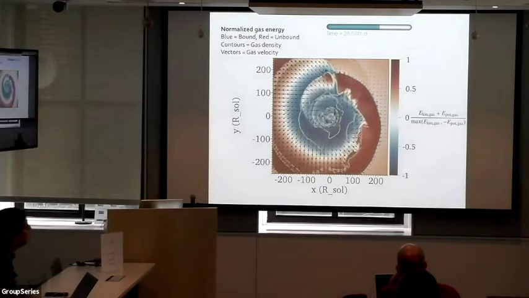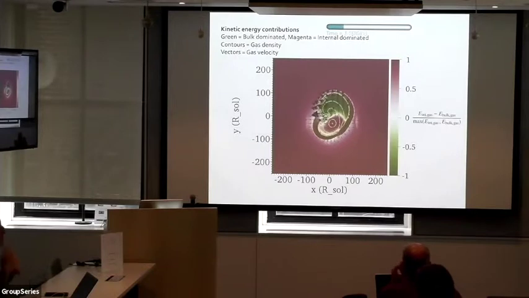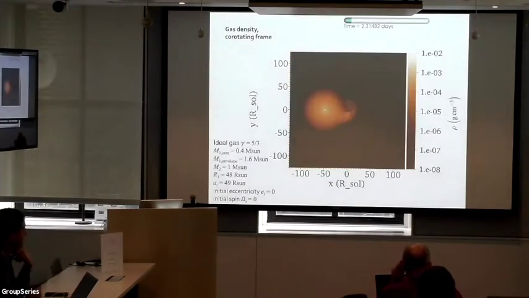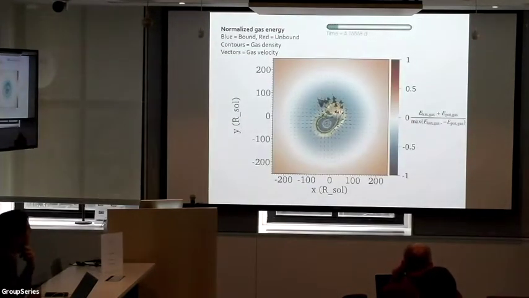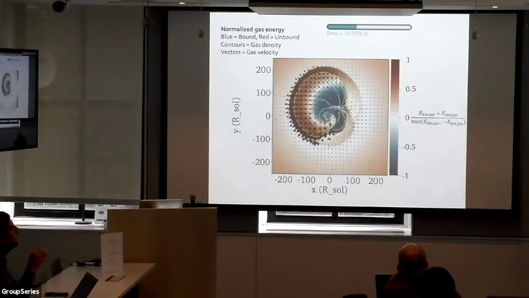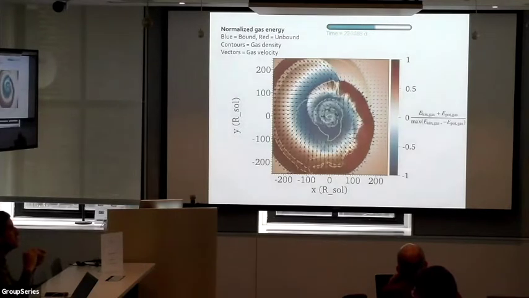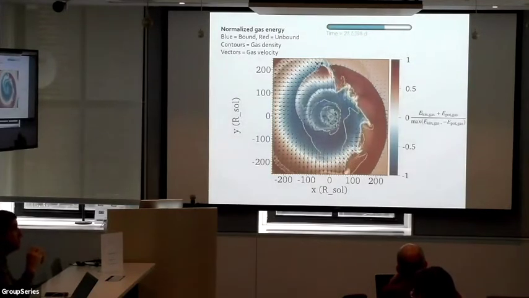Just to be on the same page, unbound defined as? Here it's defined as the total gas energy being positive, and total gas energy includes all the terms: internal, bulk kinetic, and gas potential. Including thermal energy, yes.